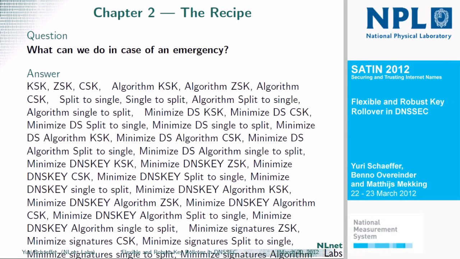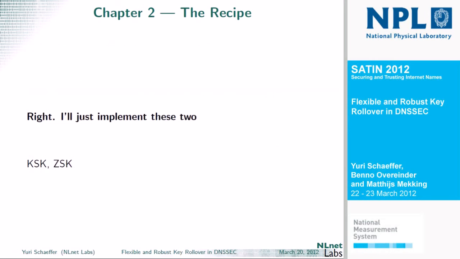So what would a sane implementation do for automatic key rollovers? I think it would say, I'll just implement a KSK rollover and a ZSK rollover, and that's enough for everybody. Now, I might not be a sane person, or just there's some other reason that I'm not happy with this.